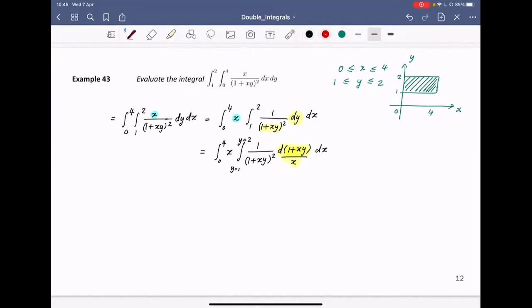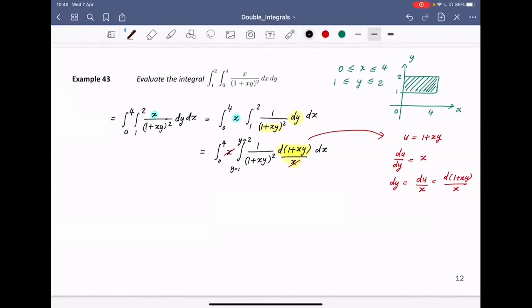Because if you want to zoom in on what I just did here, I choose u to be 1 plus xy, and that means my du with respect to y is going to be just x. That means I can switch my dy to be du over x, and that means it is actually d of 1 plus xy over x. This is just a basic substitution rule from Cal 1. The reason why I do this is because if I do that, hey, x cancels, you see that? This is so perfect. X cancels out.